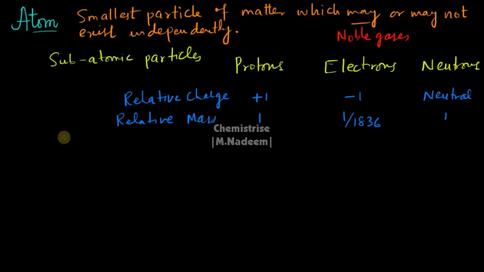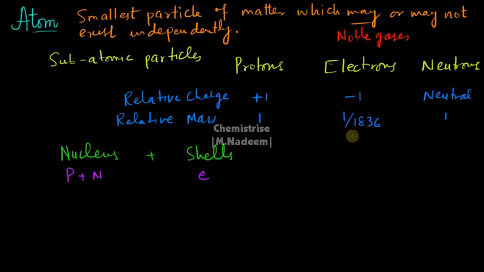So atom is made up of two regions. The one is the nucleus, and the other is an empty space in which you see electrons are present, and these electrons, they are moving in shells. Okay, so nucleus, it contains two particles, that is proton and neutron, while in the shells there are electrons revolving around the nucleus.